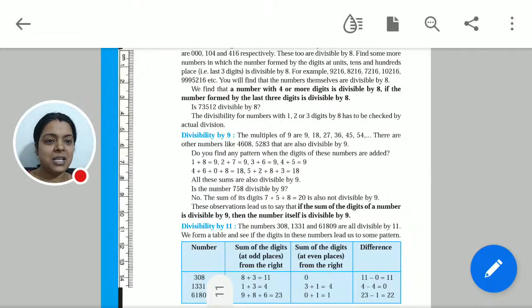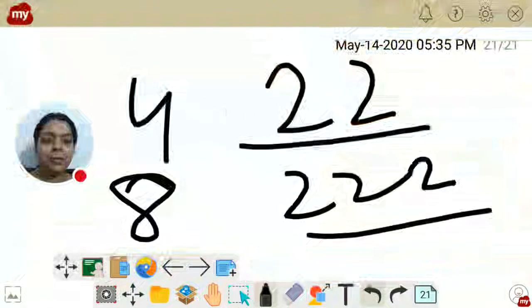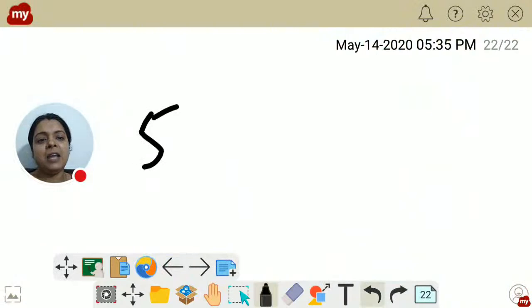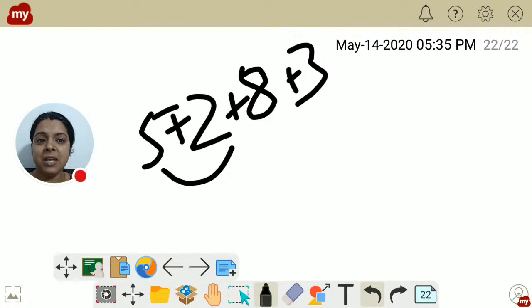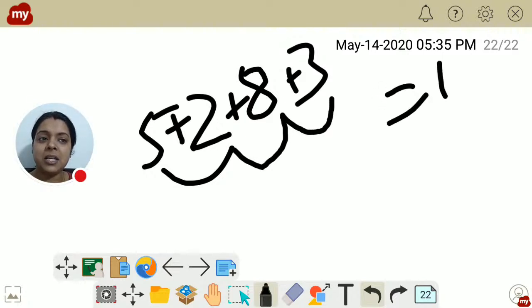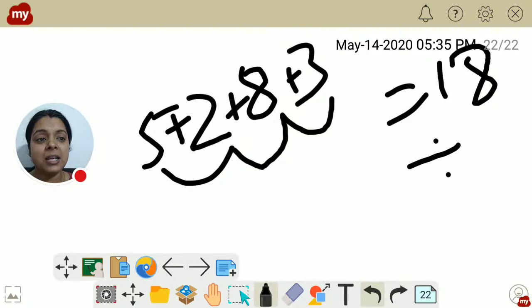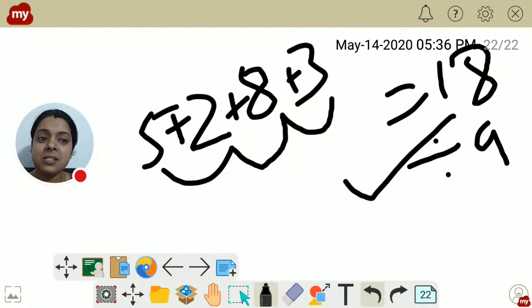Okay, so I'm just taking you to a number, and the number is 5283. The rule is similar to 3. So what I'll do, I'll put plus in between. 5 plus 2, 7. 7 plus 2, 9. 9 plus 3 comes 12. Sorry: 5 plus 2, 7. 7 plus 8, 15. 15 plus 3 comes 18. Now you have to check whether 18 is divisible by 9 or not. Yes, undoubtedly 18 is divisible by 9.